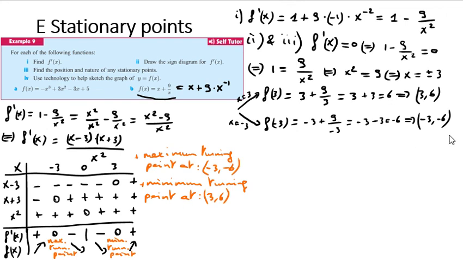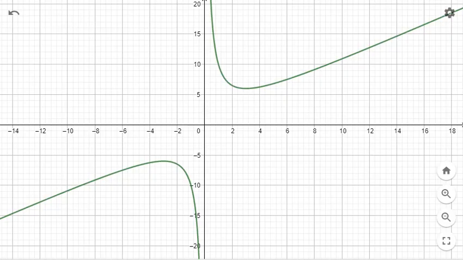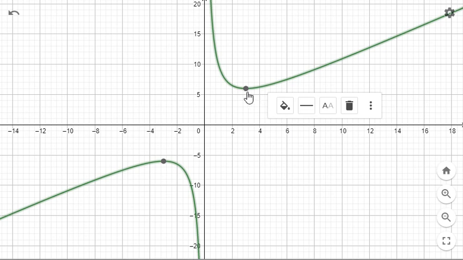And now the last part. For the last part we have to sketch the graph. To do that we use GeoGebra again. Okay, we go to GeoGebra, and when we sketch the graph we see this. And we can see very clearly that the minimum turning point has coordinates 3, 6. We also call it extrema, by the way.